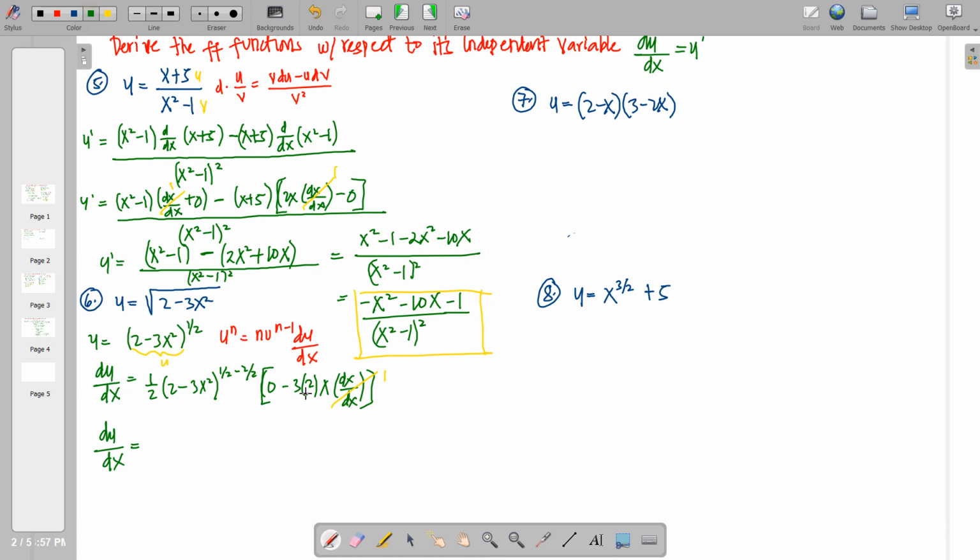So this is negative 6x divided by 2, this is the 1/2. And then it goes down because it is negative 1/2. Actually that is square root of 2 minus 3x squared.